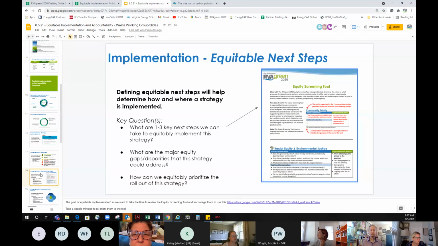The exercise walks through what are the first next steps on a practical level, and then start thinking about what major equity gaps or disparities this strategy could address. And once you identify what those are, then think about how we can prioritize the rollout of this strategy. That really helps us center equity and get off in the right direction.